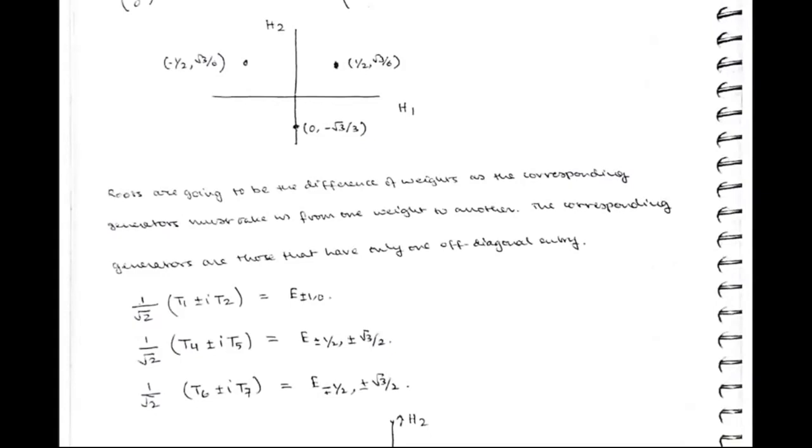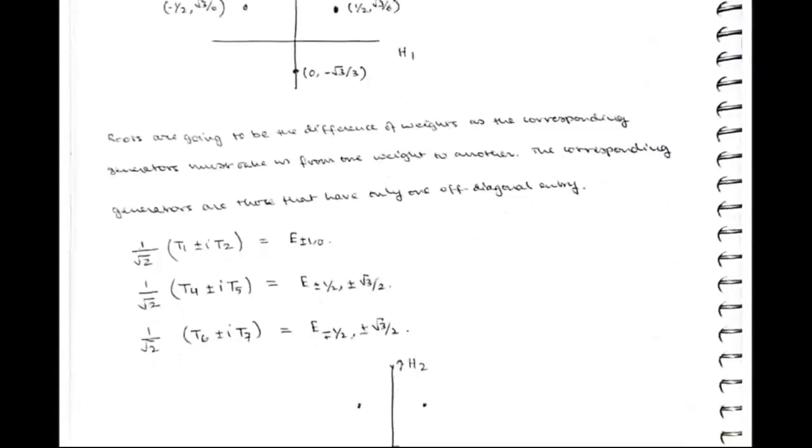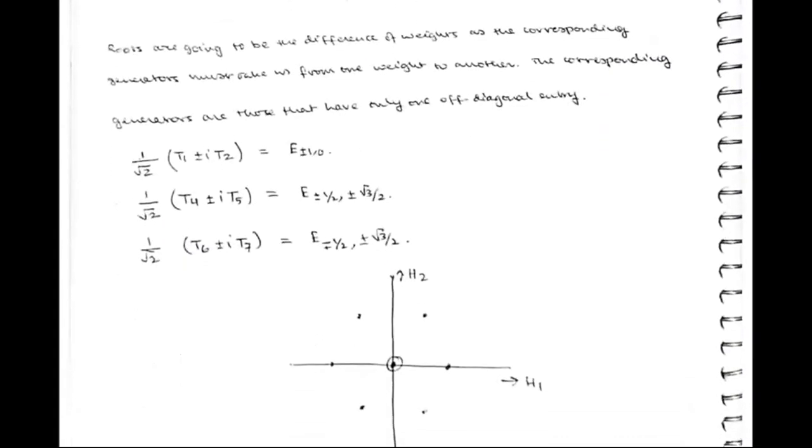It's not very hard to see that the corresponding generators are those which have only one off-diagonal entry. So E01 is going to be T1 plus iT2.